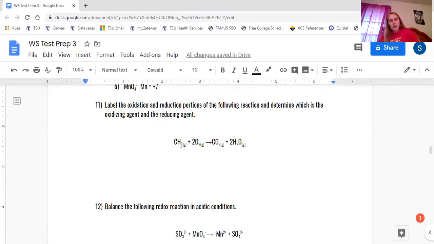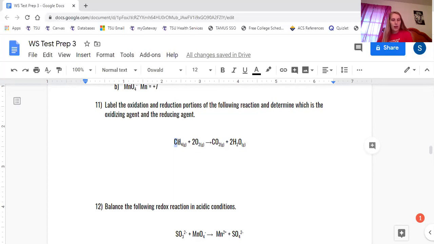Hydrogen is going to be -1 here, since it's pretty much always either +1 or -1, usually -1. So we have -4 there, making the carbon +4. And if we look at the carbon over here, it is also going to have to be +4. So that doesn't really matter.